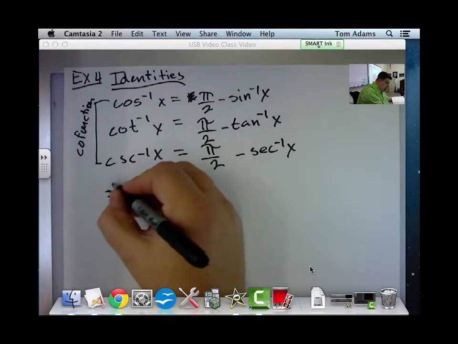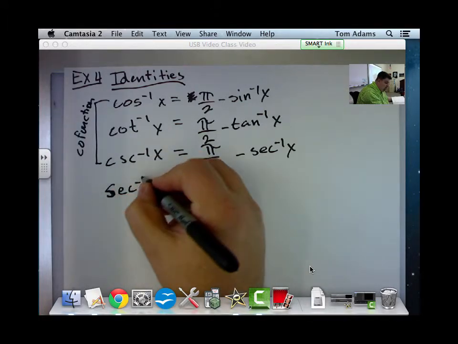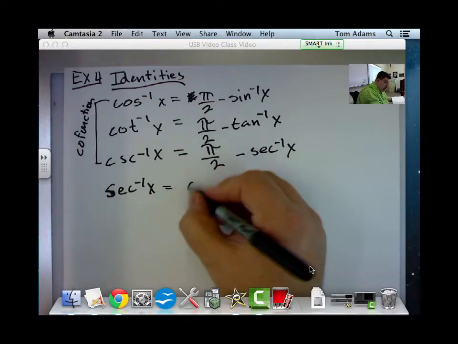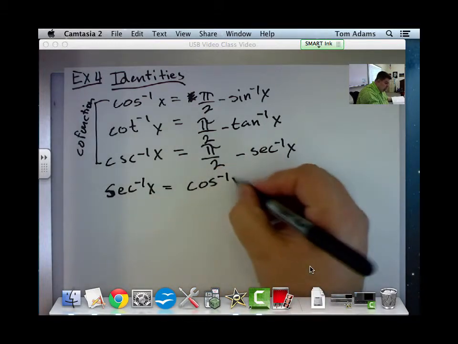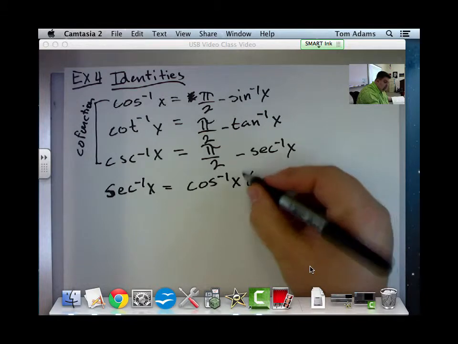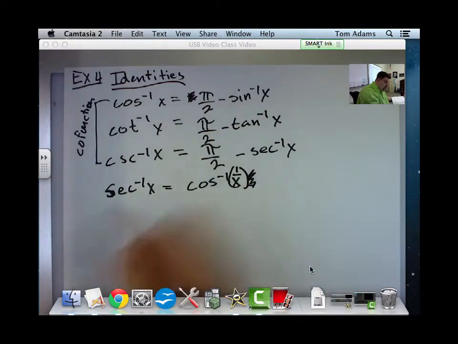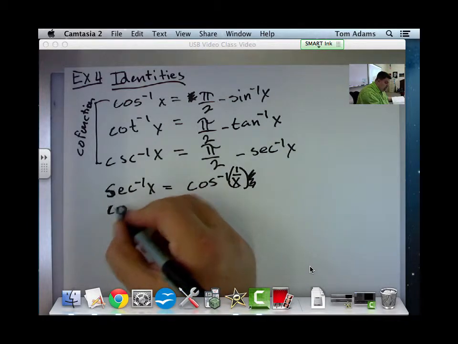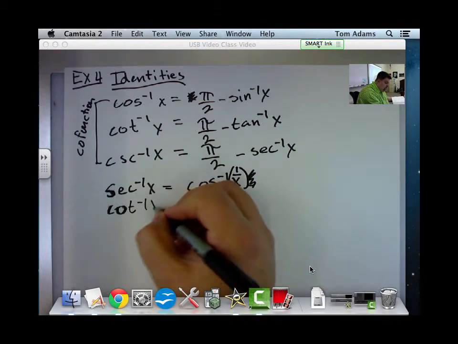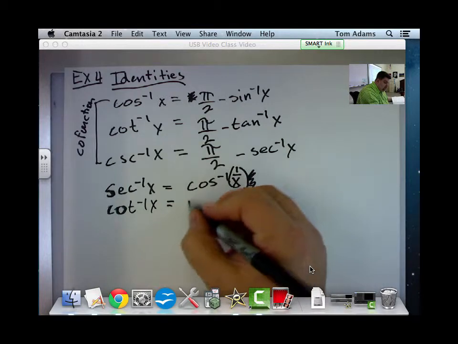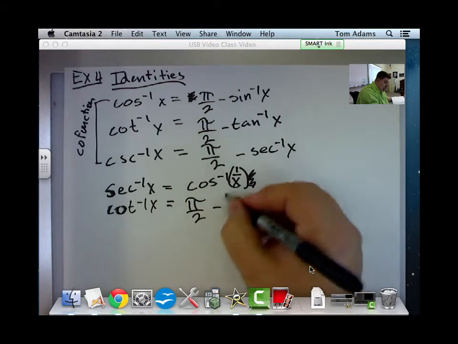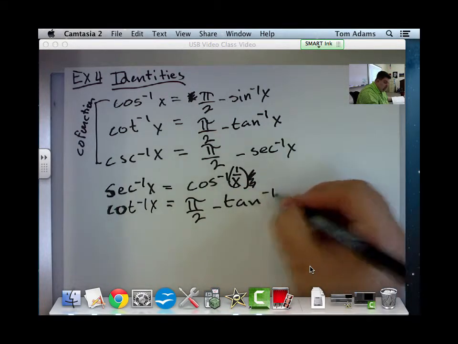And then there's some other equivalent statements. Like secant inverse of x is equal to cosecant inverse of 1 over x. And then cotangent inverse of x is equal to pi over 2 minus tangent inverse of x.